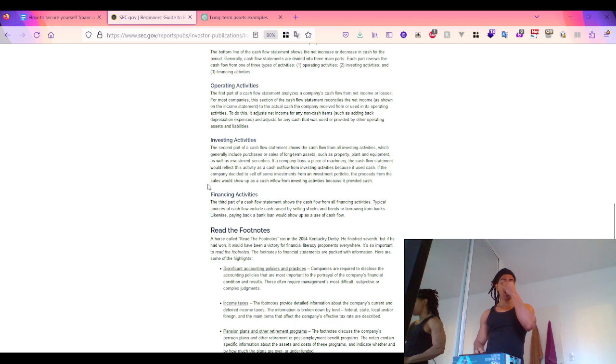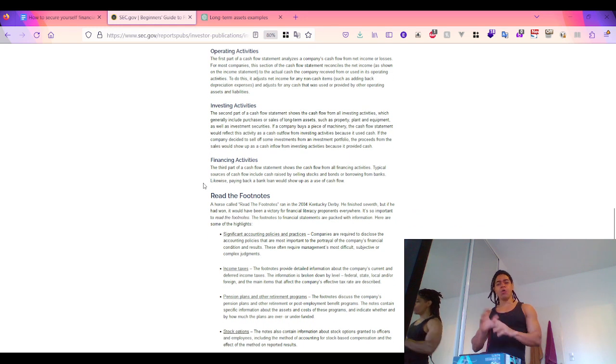Most of the time, investors look at the financing activities in the cash flow statement to see how often a company is raising funds and where this money is coming from.